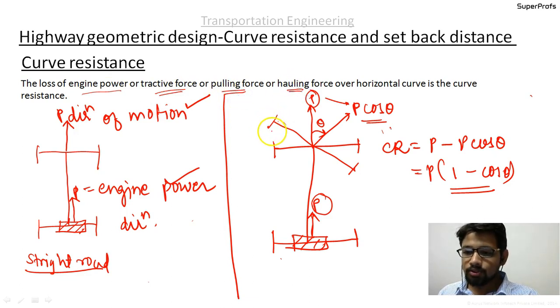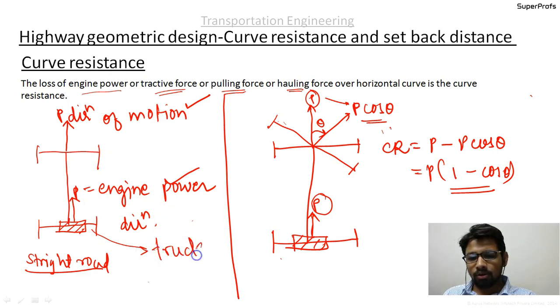It is not that all vehicles have the engine connected to the rear axle. There are a few vehicles where the engine is connected to the front axle. The vehicles having the engine connected to the rear axle are, for example, trucks, or all the heavily loaded vehicles.